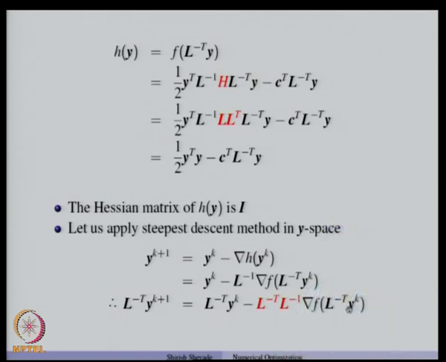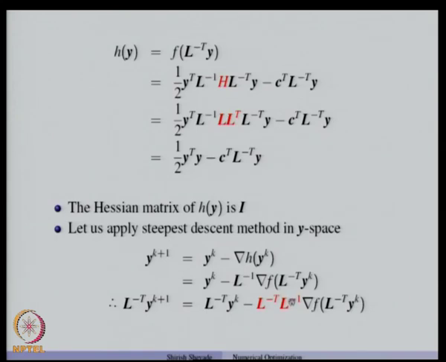Now what happens here? What is this quantity, L transpose inverse into L inverse? If you look back, the way H was defined was L L transpose. So, if we take the inverse of this quantity L L transpose, what we get is L transpose inverse into L inverse, which is the quantity here.